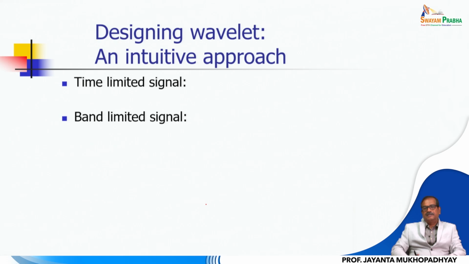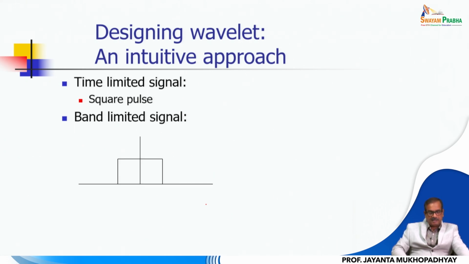So now let us consider how we can design some of these wavelets by exploiting these two trade-offs. For example, you can use a time limited signal, say a square pulse. A square pulse is a time limited signal, and then you can consider a band limited signal, which means its transform domain representation is also a square pulse. You know that there exists a function.